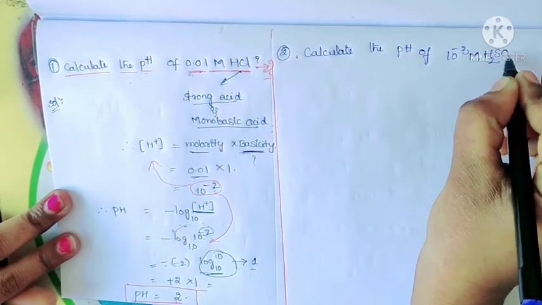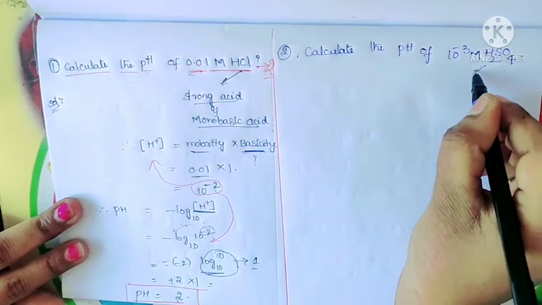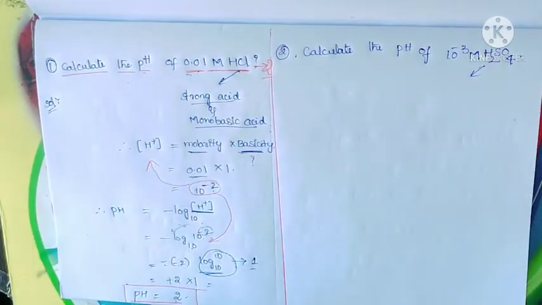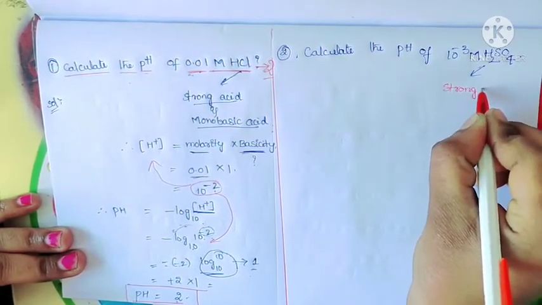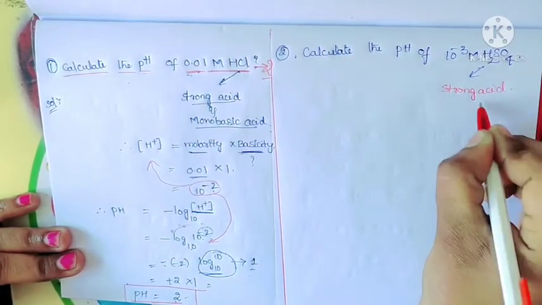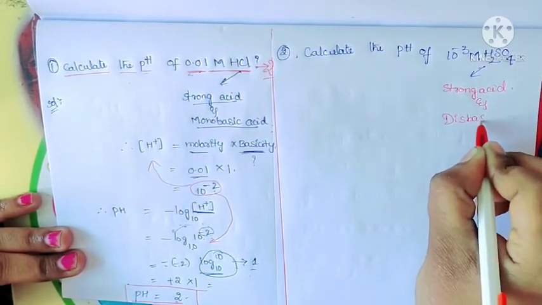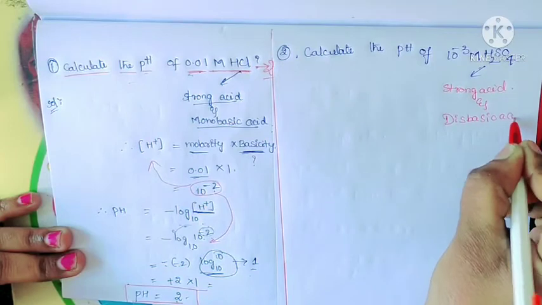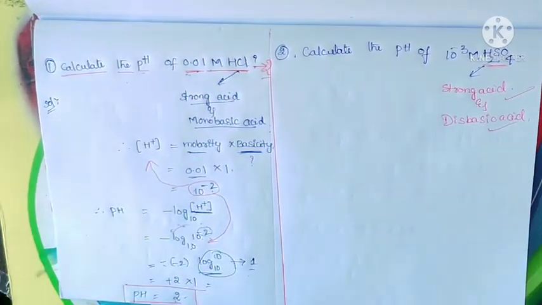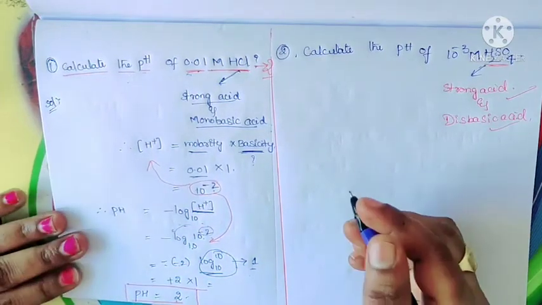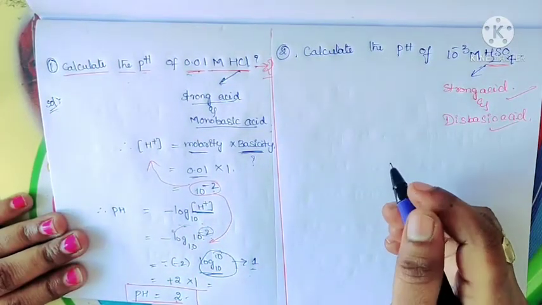H2SO4 is called sulfuric acid. Sulfuric acid is a strong acid and it is a dibasic acid. Di means 2. In H2SO4, 2 H plus ions are formed. So it is a dibasic acid. Now we calculate the concentration of H plus.